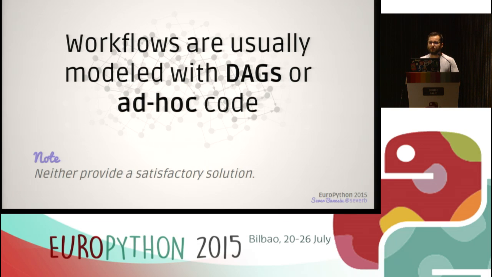Another problem with the ad hoc approach is that usually it's very hard to synchronize tasks between them. So if you want to have a task started only after other tasks are finished, that's usually pretty hard to do.